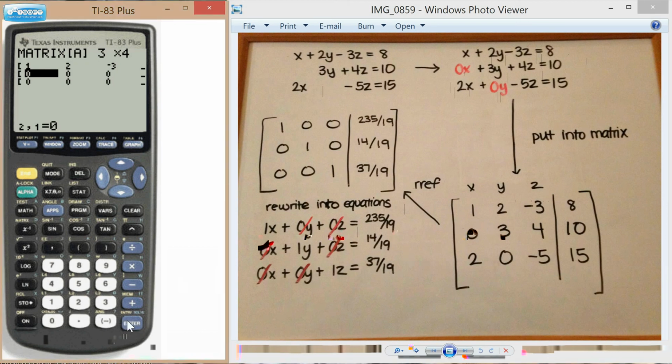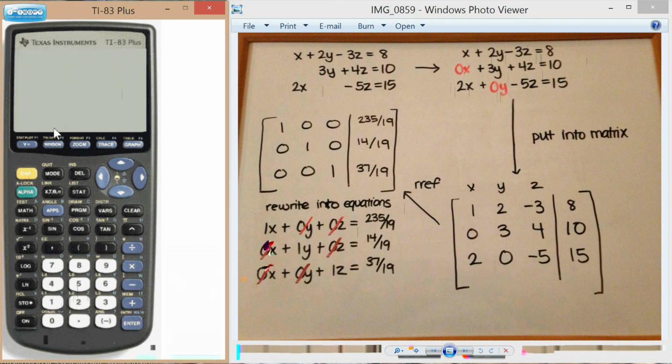So 0, and then 3, and then 4, and then 10. And then we're lastly going to go to this last line right here, and it's going to be 2, 0, -5, and 15.